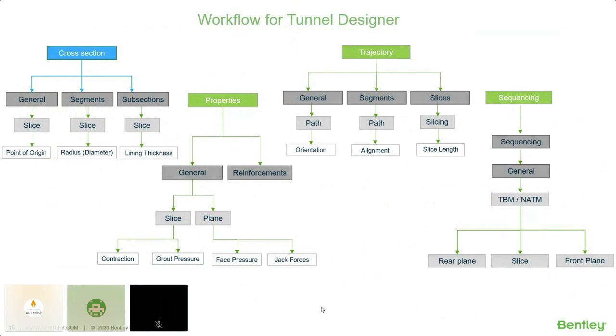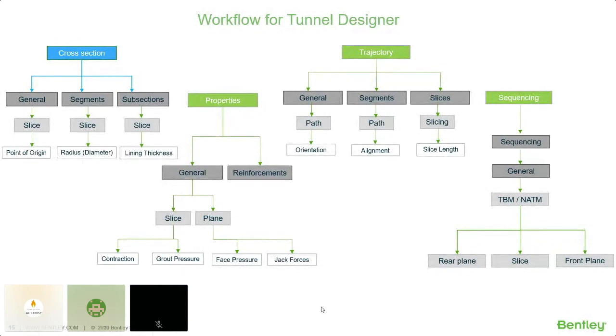The first one is the cross section submode. Here you define the cross section or shape of your tunnel. You can have a circular cross section, and in case you have a NATM tunneling method, you can choose a free type of shape, and you can define the shape of the tunnel.